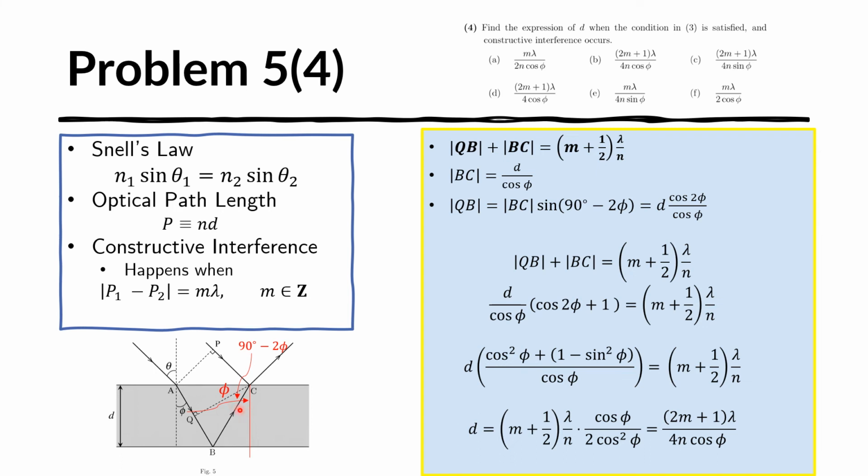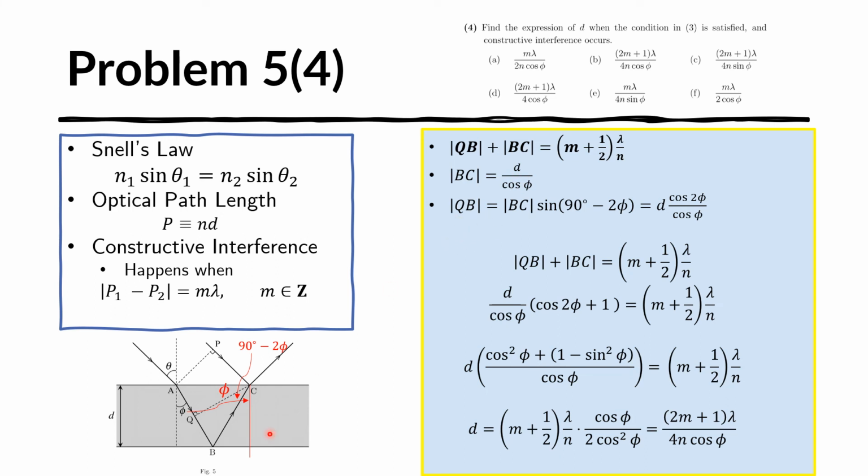And therefore the angle here is phi. And from trigonometry, we know that the cosine of this angle is equal to this distance, which is D, over the hypotenuse, which is BC. And if we rearrange that, we see that BC is equal to this expression.